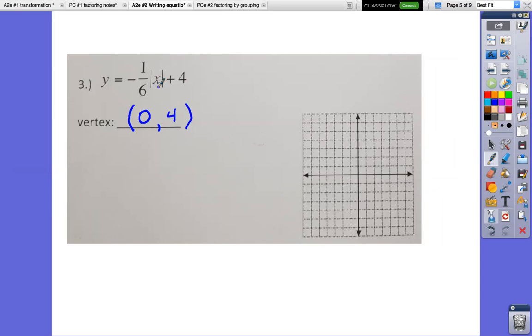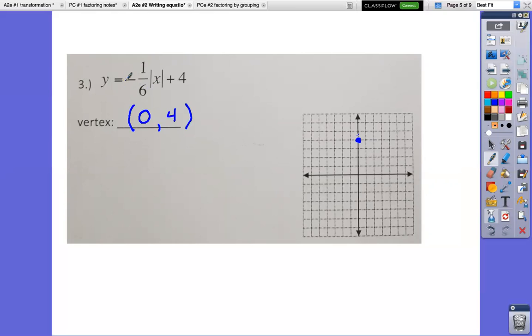So nothing is happening to the x. So it's not moving left or right at all, but it is moving up 4. So 0, +4. And then what's my slope? So -1/6. Does it open up or does it open down? Down. Why does it open down again? Because there's a negative in front. I know you don't mean to talk over each other.